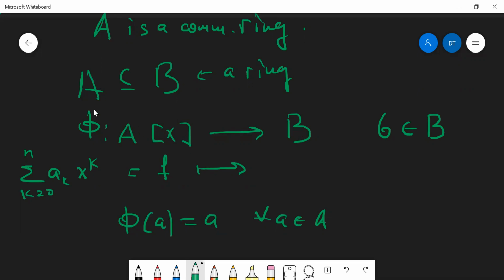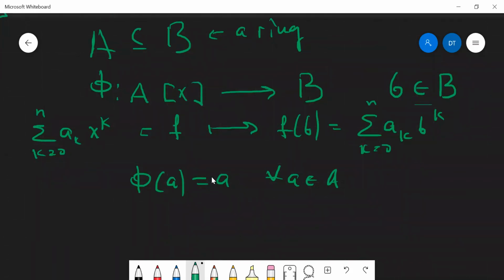If you want to describe all the homomorphisms with these restrictions, then they are of this form. You take an arbitrary b here and you map f to f(b), which means that it goes to the element of this form. So a homomorphism which acts trivially on coefficients is just a substitution.